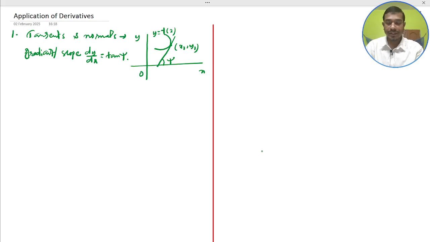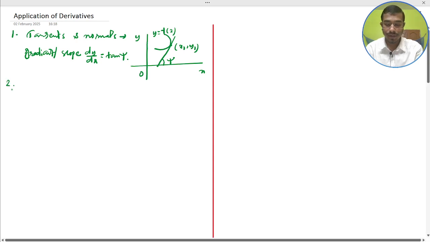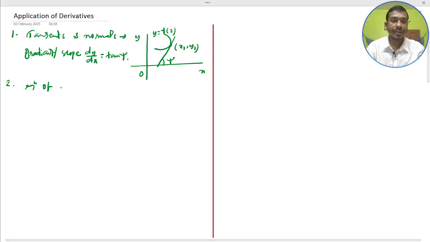Next, equation of tangent on a given curve: equation of tangent at point x1, y1 on the curve y equal to f(x). For your better clarification I will teach you by writing and give an example with graphical expression.